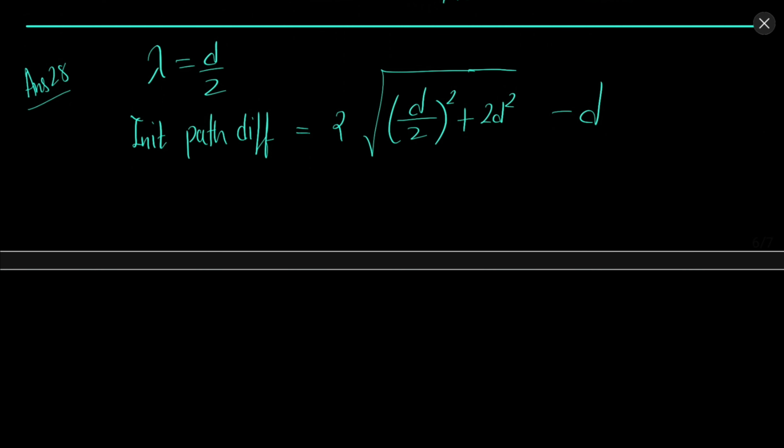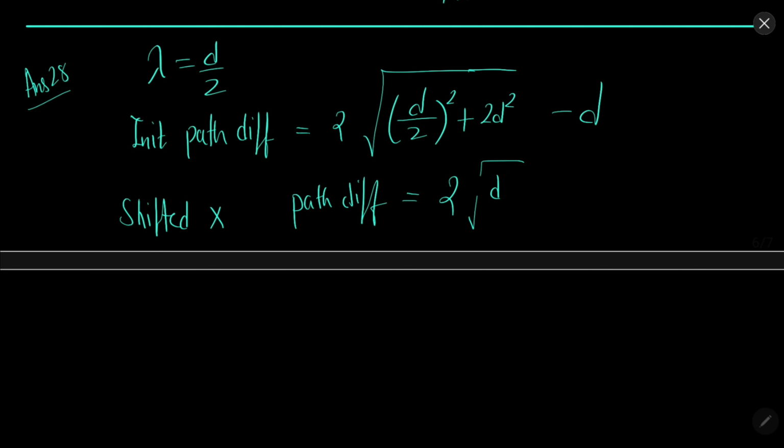Now if it is shifted a distance x, then what will happen to the path difference? It will become 2 root ((d by 2) whole square plus (2d plus x) whole square) minus d.